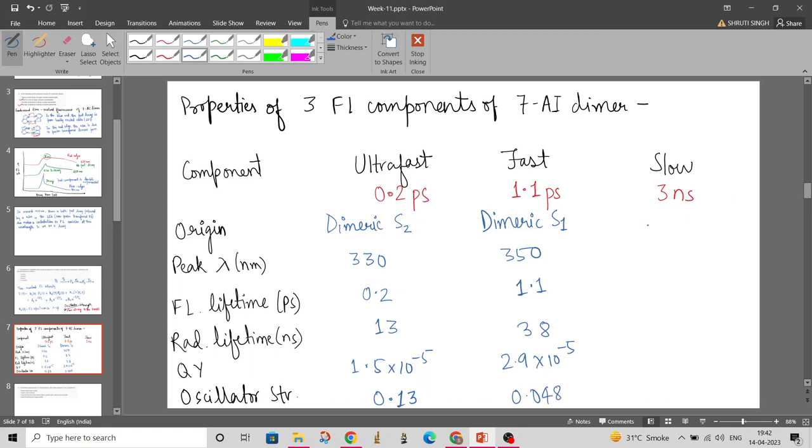And the slowest component originated due to the tautomeric form.